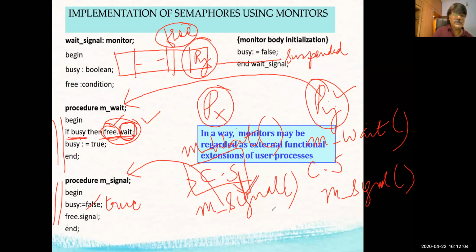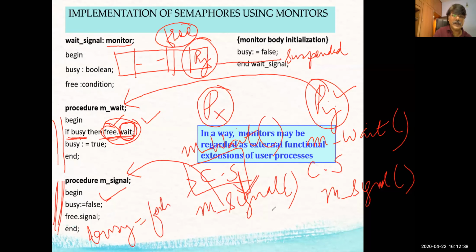So process X has invoked the function msignal after coming out of the critical section. In the monitor, the msignal function starts executing on behalf of PX. What msignal will do is, as soon as PX invokes the function msignal, it will set busy equal to false. So busy becomes equal to false.